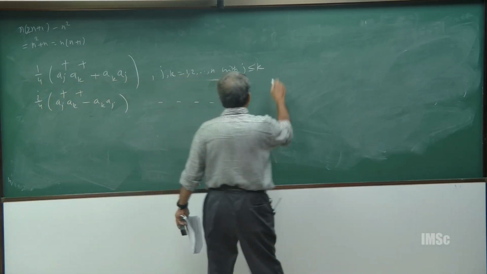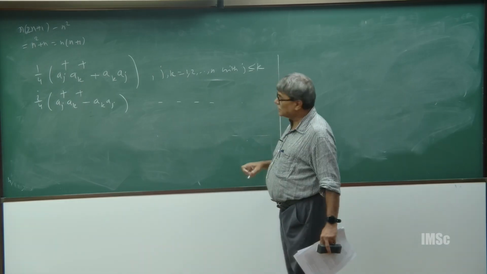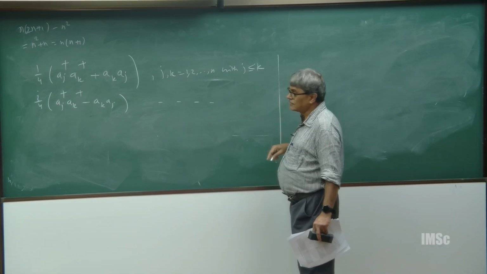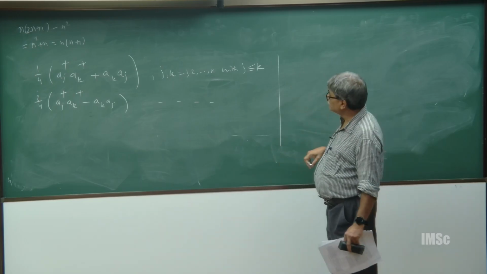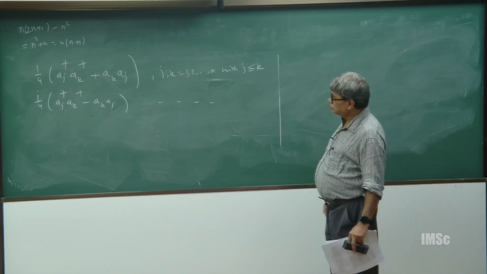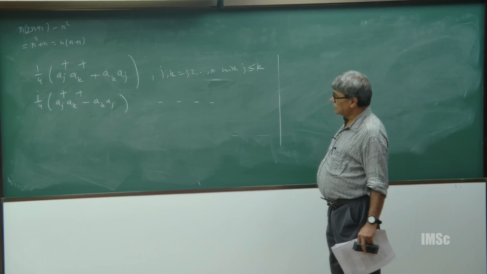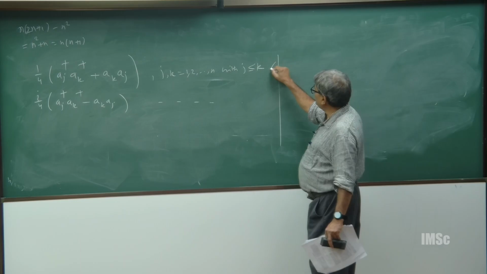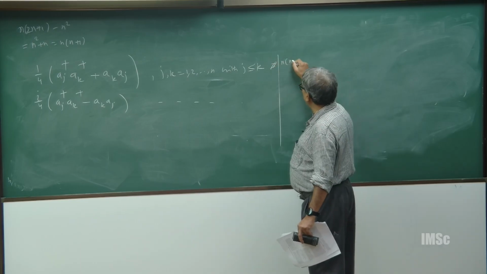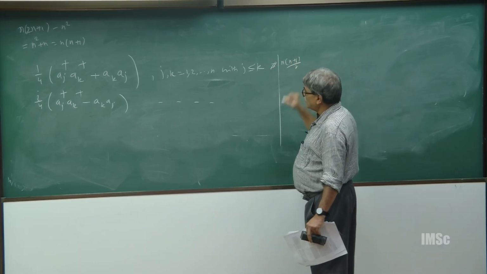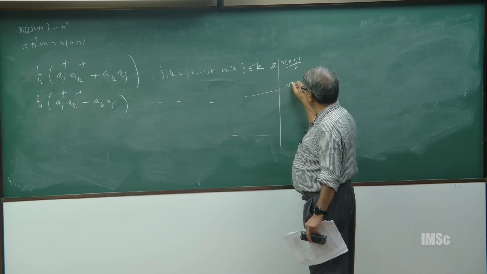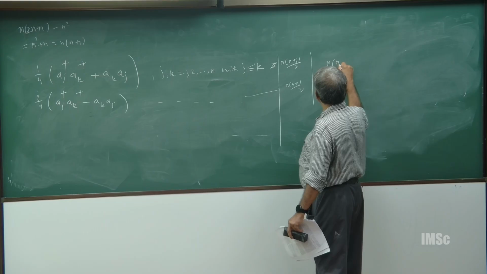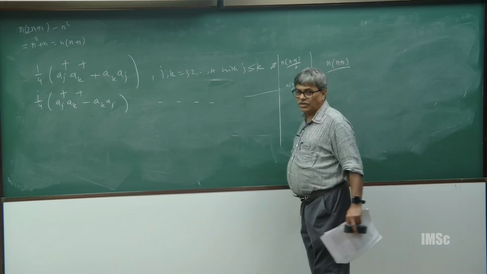And what is the total number then? For this case the number is n into n plus 1 by 2, right. Here also it is n into n plus 1 by 2. So, the total is n into n plus 1. Okay.